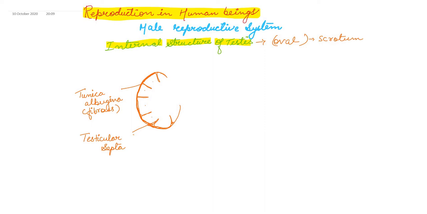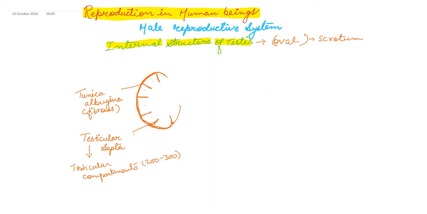Every testis has 200 to 300 testicular compartments because of this testicular septa.